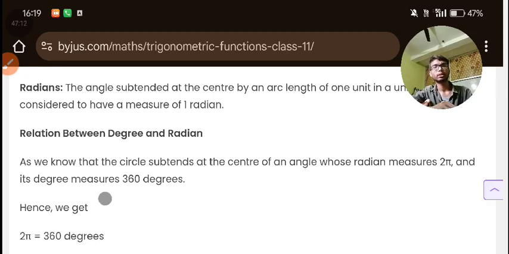Relation between degree and radian: as we know, a circle subtends an angle at the center whose radian measure is 2 pi, and its degree measure is 360. So 2 pi is just a circle and 360 is also a circle.